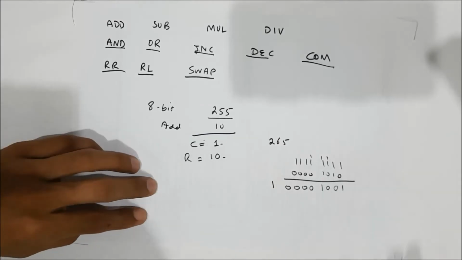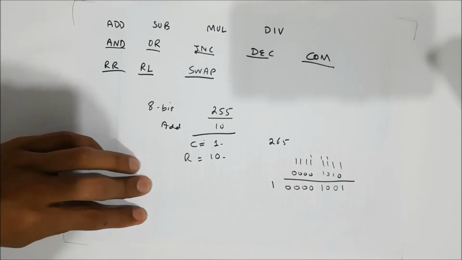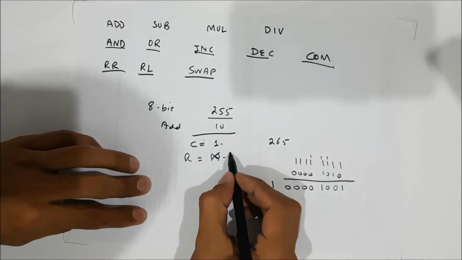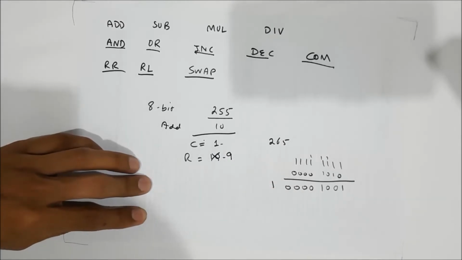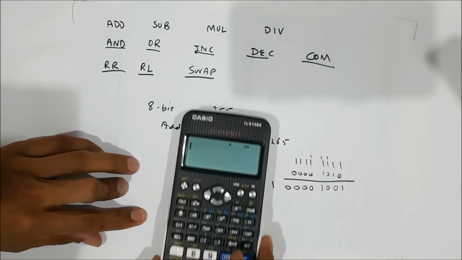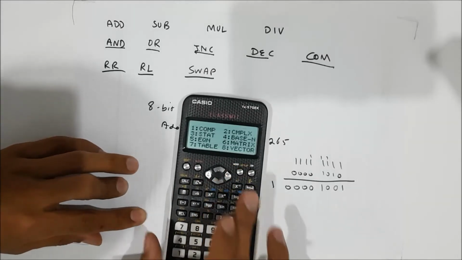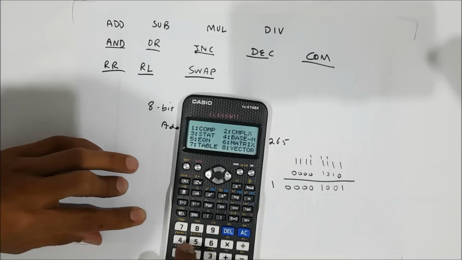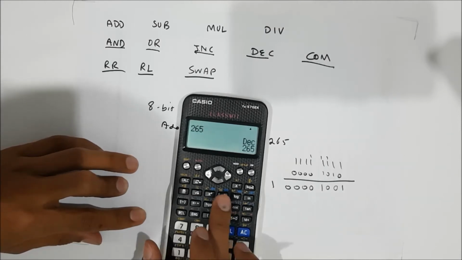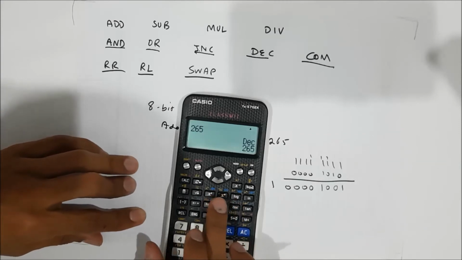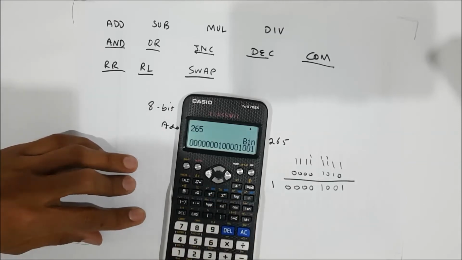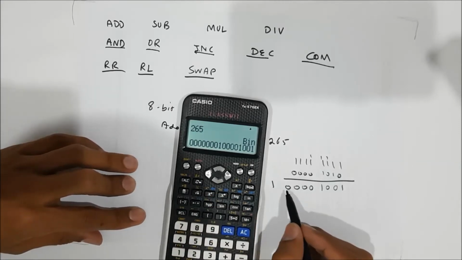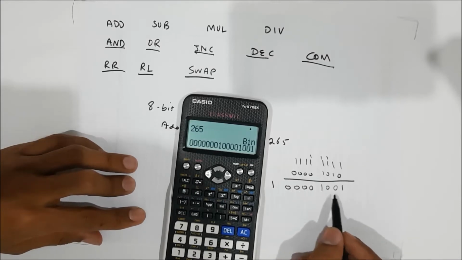So this means that it will be equal to 9, not 10. Let me confirm using a calculator. If we go to the base-n mode and we write 265 in decimal, let's see what it is in binary. Yes, 1 0 0 0 0 1 0 0 1.